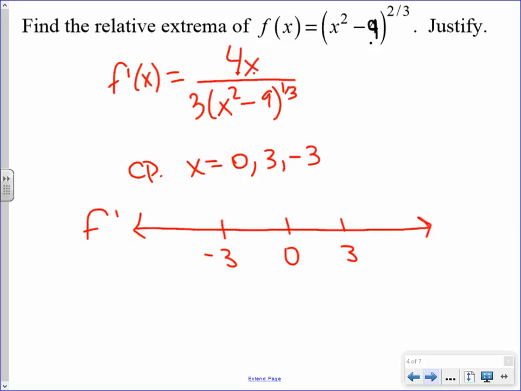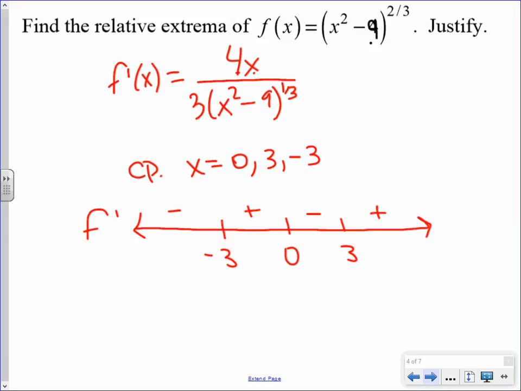So our number line looks like this. What sign value is this? Okay, so, looking at that sign chart, let's identify when we have a change in sign value. So here at negative 3, does it change?